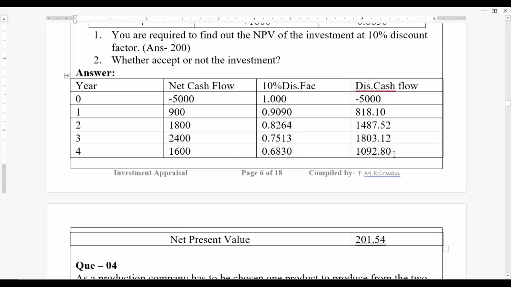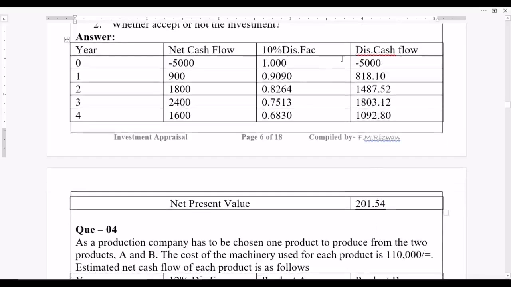So the present value of that 1,600 is now 1,092.80.